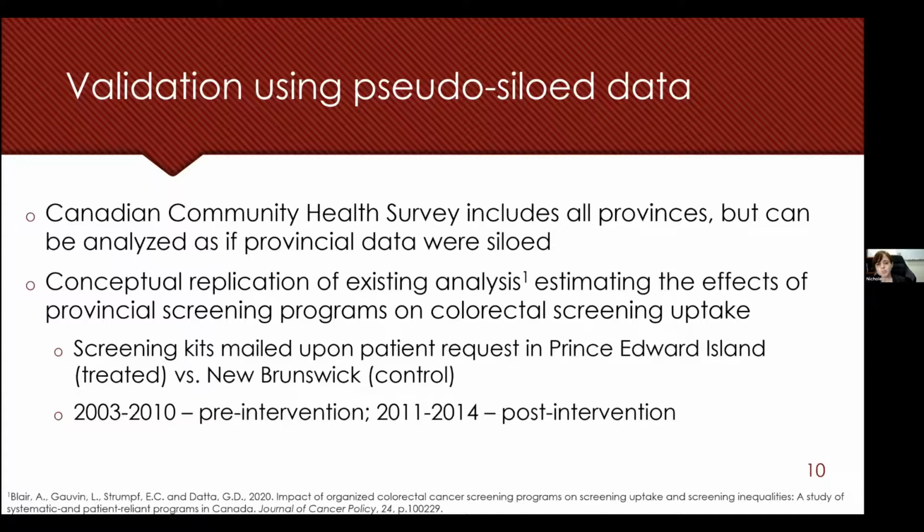So we use the Canadian Community Health Survey, the CCHS, which, as most of you probably know, includes all provinces. And so this is an example of a pooled data set, but it can be analyzed as if the provincial data were siloed. So we use the CCHS to create what we call a pseudo-siloed data set, where we had the advantage of knowing, by definition, what the true answer was, but we could play around and pretend that these data were siloed by province.